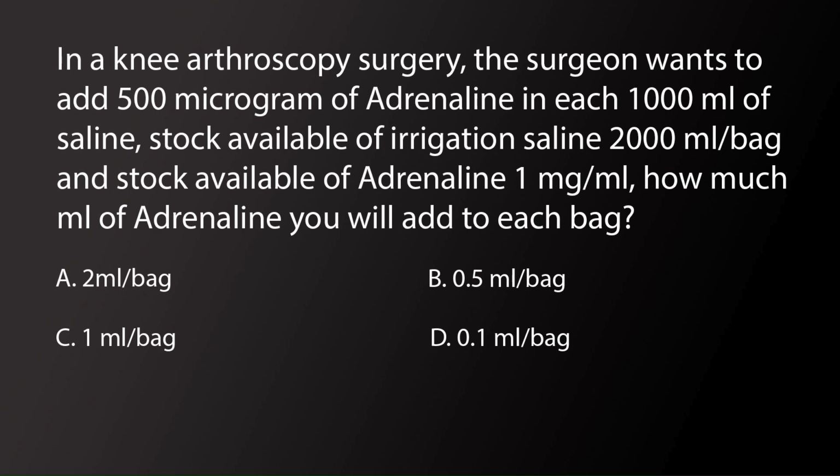Option A, 2 milliliters per bag. Option B, 0.5 milliliters per bag. Option C, 1 milliliter per bag. Option D, 0.1 milliliters per bag. The correct answer is Option C, 1 milliliter per bag.